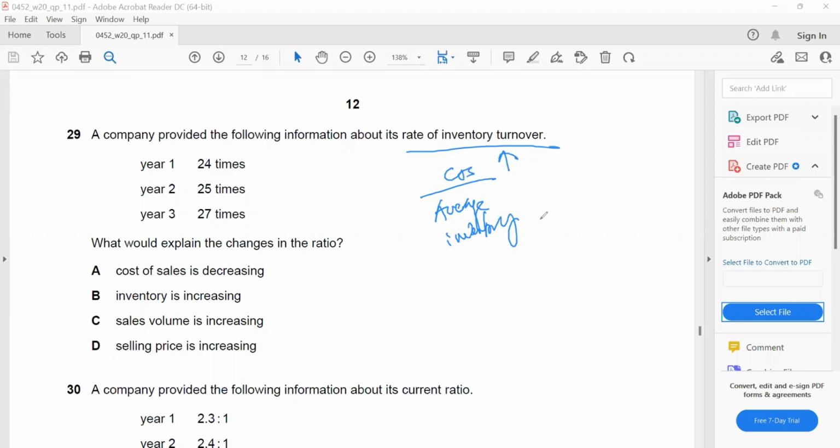Getting more means this one increases, so this one should be decreased. So what would explain the change? Cost of sales is decreasing? No. Inventory is increasing? No, because here it should be down. Sales volume is increased. Yes. When sales volume increases, the cost of sales will increase. Selling price, nothing to do, don't think about this. This is talking about the cost. So the possible answer will be C.